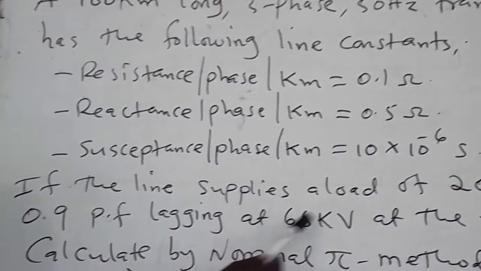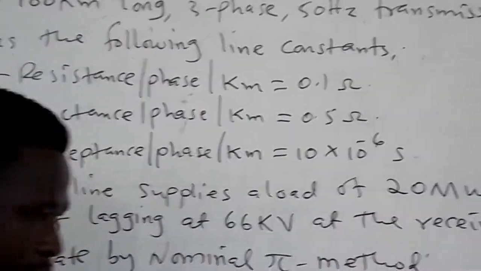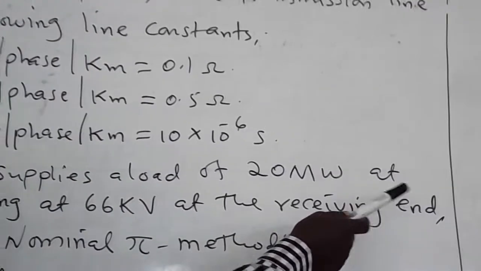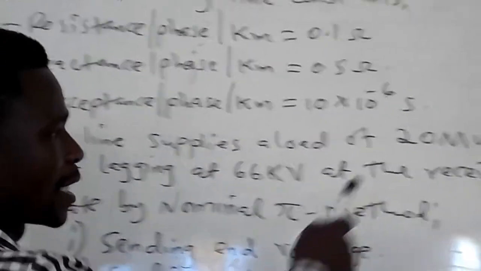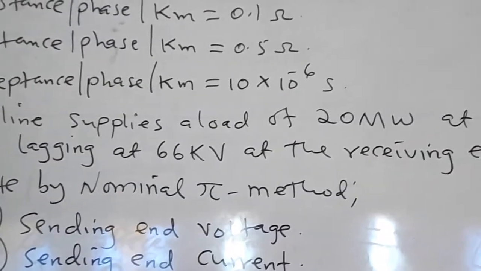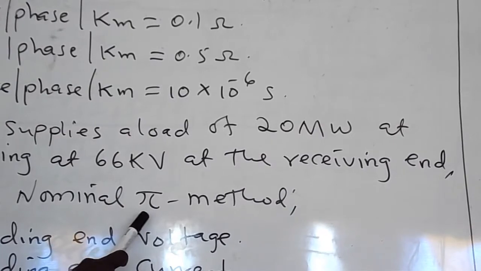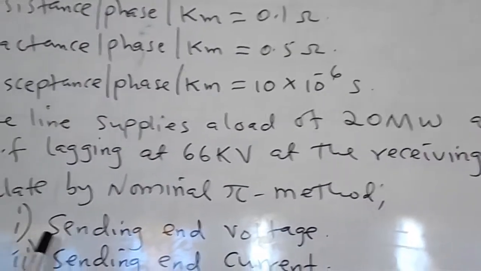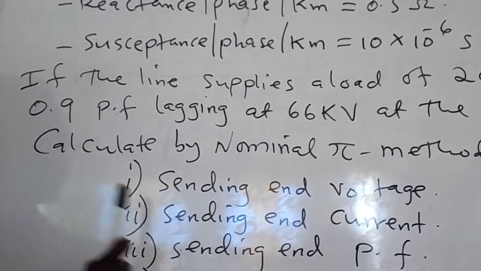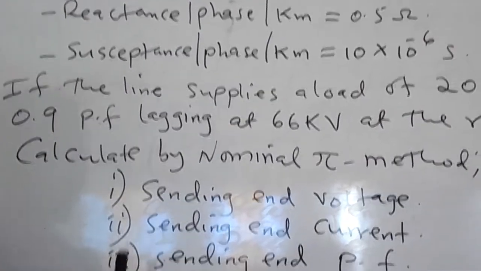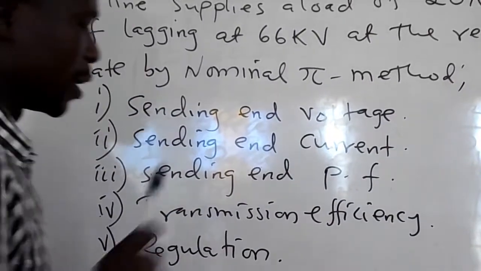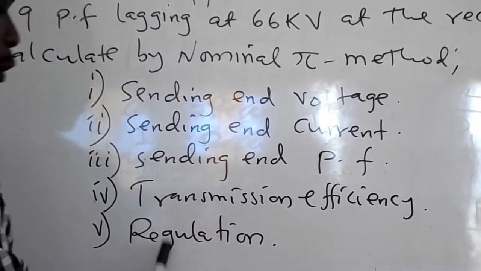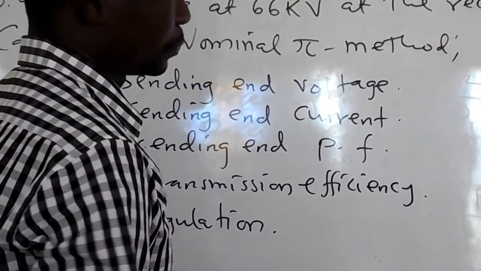If the line supplies a load of 20 megawatts at 0.9 power factor lagging at 66 kilovolts at the receiving end, calculate by nominal pi method the sending end voltage, sending end current, sending end power factor, transmission efficiency, and also voltage regulation.